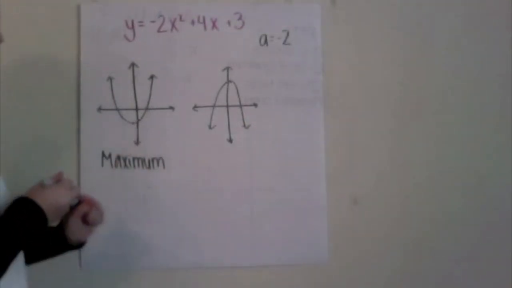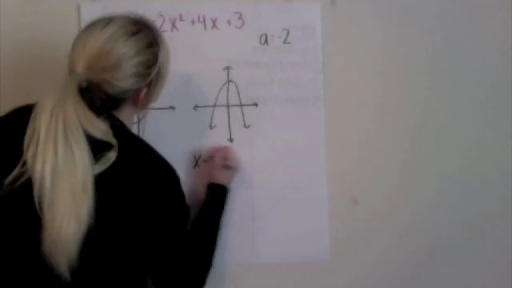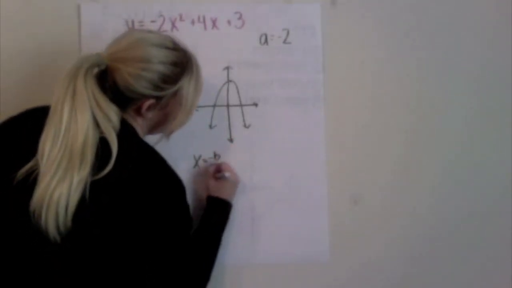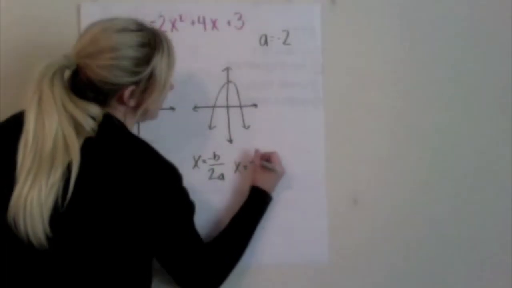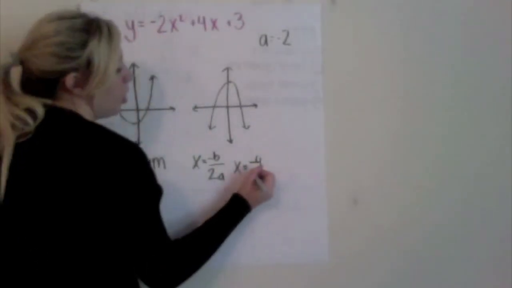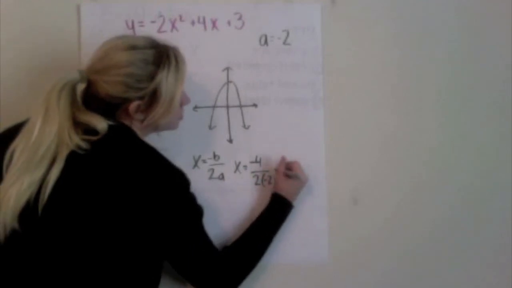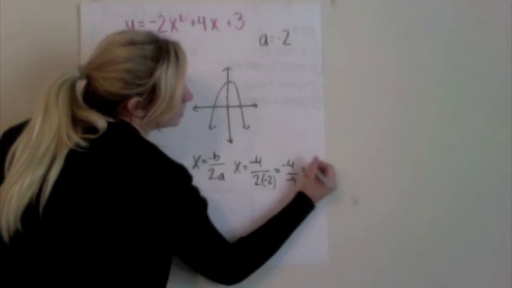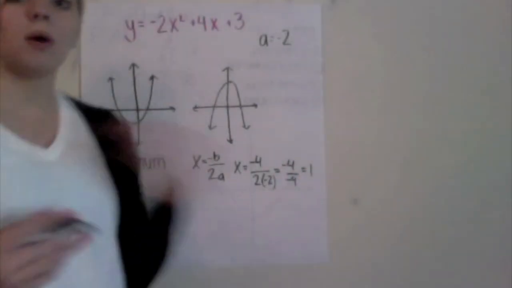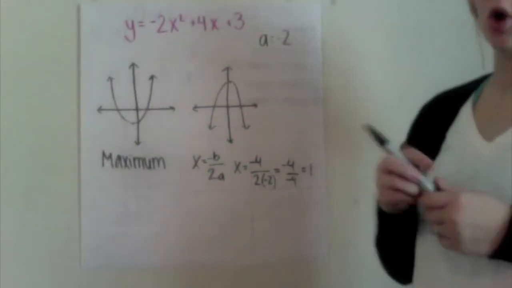So in this case, our axis of symmetry, x equals -b/2a, is going to be x equals -4 over 2 times -2, which means x equals -4 over -4, or x equals 1. So our x-coordinate in this case is 1. Now we need to plug that in to find out what our y-coordinate is.